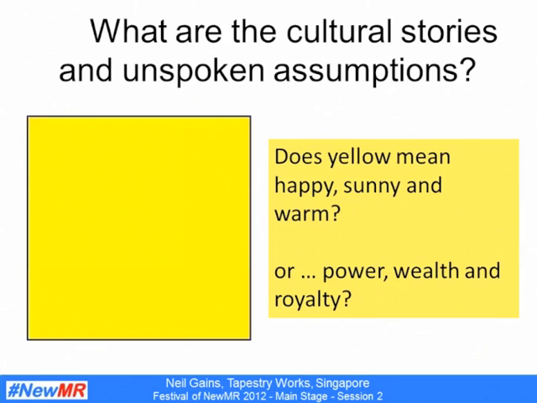But in the West, that would have certain meanings to us, like happy and sunny and warm. But actually, in a Chinese cultural context, it could have quite different meanings. Yellow was actually the color of the emperor in ancient China. So there are a lot of associations in Chinese culture with power and wealth and royalty, which have potentially quite different meanings.